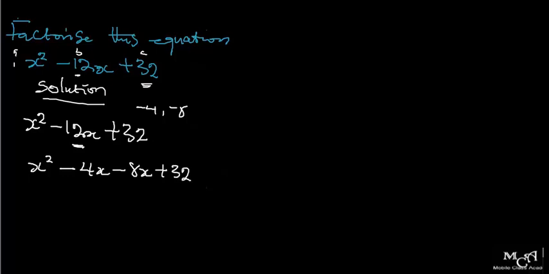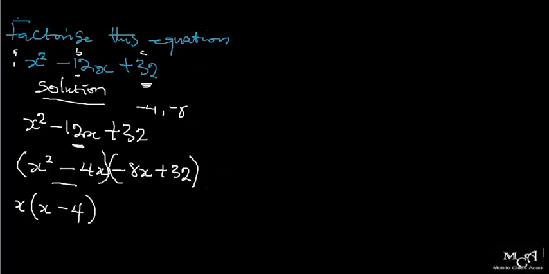At this point, what do we do? We group this into two different equations. So when we group this equation into two different parts, what is the common factor in bracket 1? The common factor is what? Is x. So if we take x from x squared, we are left with x. If we take x from minus 4x, we are left with minus 4. Then we close the bracket.